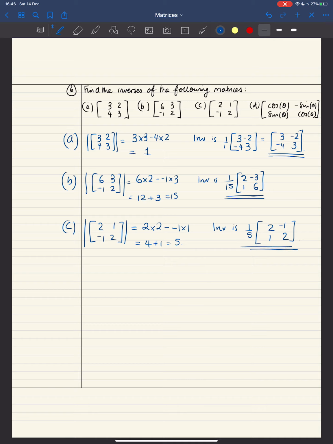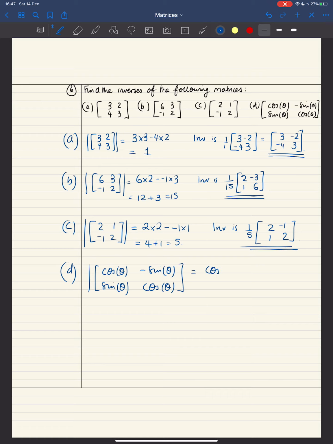And then the last one, D. Right, the determinant of cos theta, sine theta, minus sine theta, cos theta.